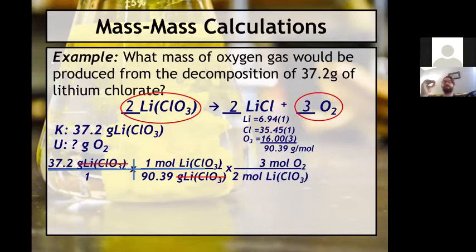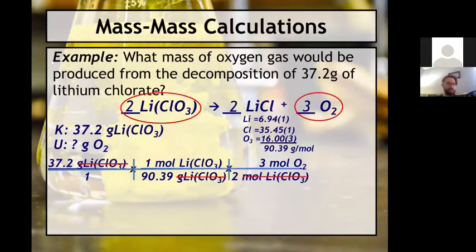And on the top, I'm going to put 3 moles of oxygen. If, for instance, this problem were a little bit different, and I did say what mass of lithium chloride, the other one that's not circled, then I would put 2 LiCl on top. But again, read the question, know where you're going. What mass of oxygen? So I'm going to oxygen, so I'm going to put 3 moles of oxygen on top.